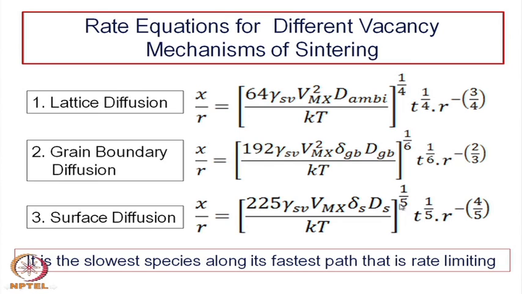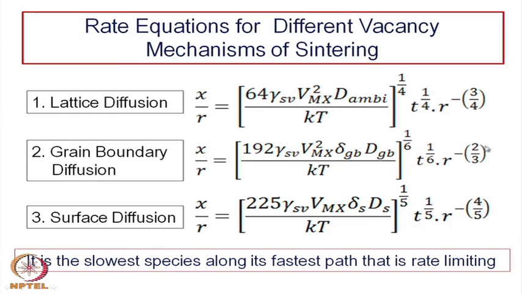And then these exponents are different, in one case 1/4, 1/6 and 1/5. So, it is not too difficult to remember, but they are not that significant, though the exponents are certainly there. Then these two terms are as usual there, the time term and the radius of the initial spherical particles, and these exponents are also different.